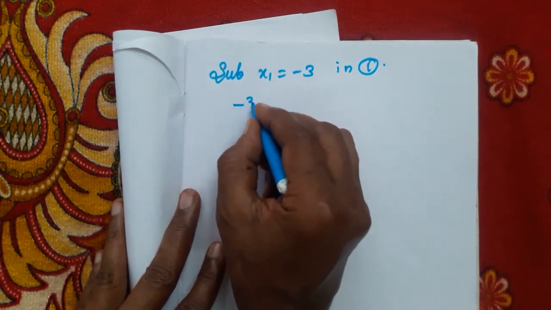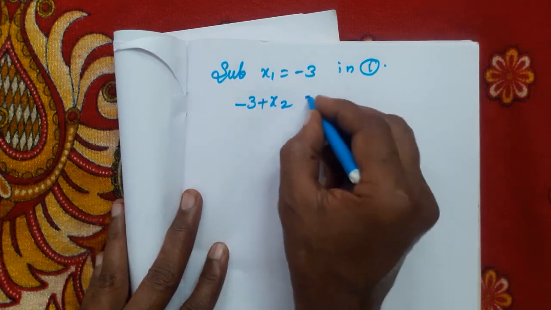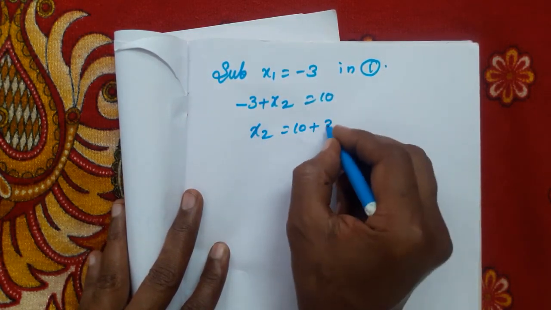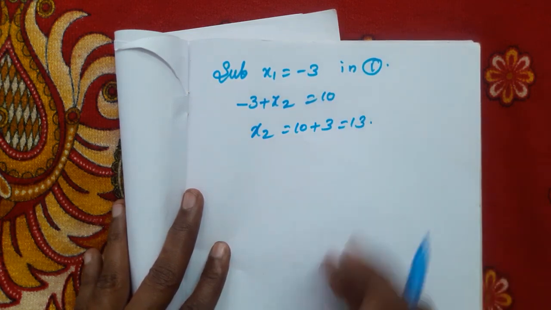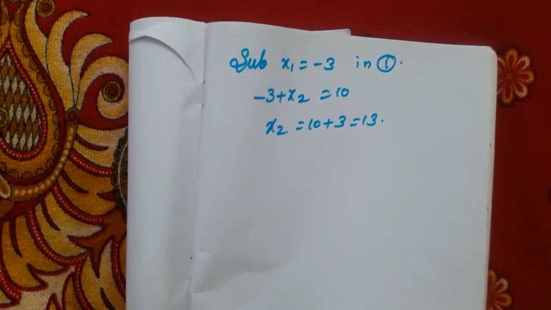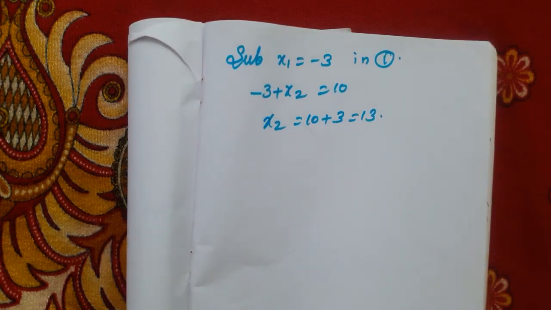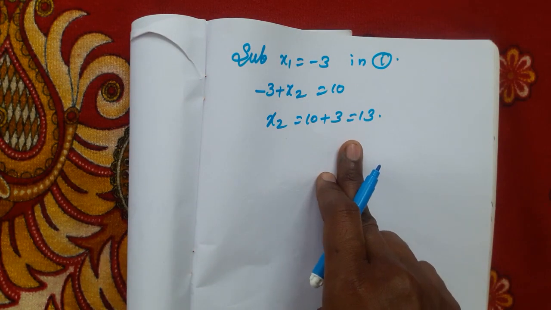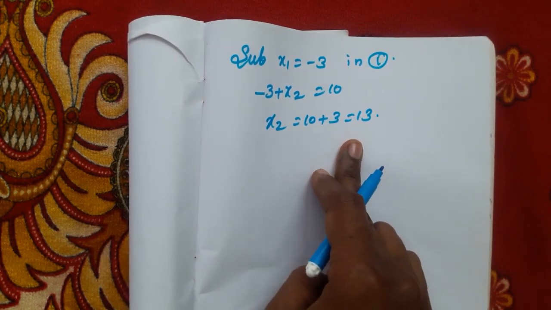So x1 in place, minus 3 plus x2 is equal to 10. So x2 is equal to 10 plus 3, which is 13. So the x2 value is 13. Therefore, we are getting x1 is equal to minus 3, x2 is equal to 13. Next, x3 is equal to minus 7.